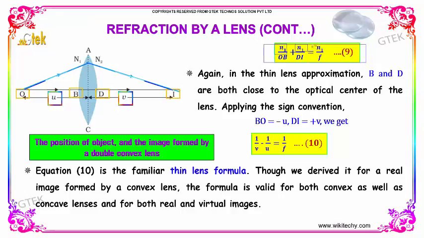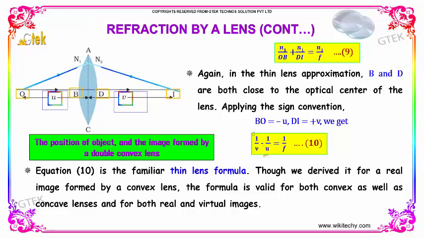Replacing n1, n1, n1, it gets removed. Again, in a very thin lens approximation, B and D are both close to the optical center of the lens. Applying the sign convention, you have u here and v here.